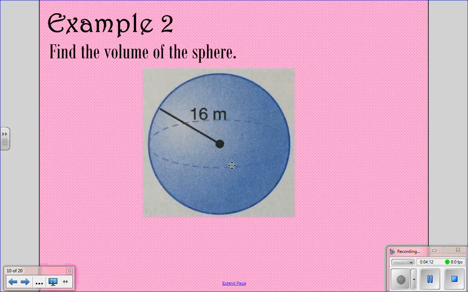So let's look at this one. We want to find the volume of the sphere. So our volume formula is 4/3 pi r cubed. And so we are going to plug in our radius, which they tell us is 16.